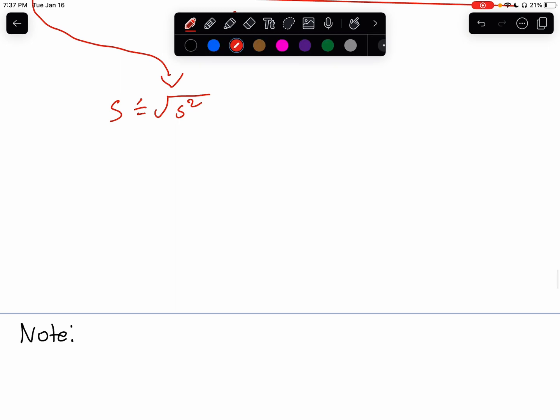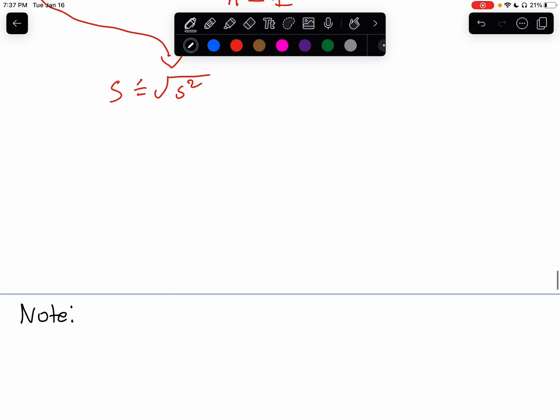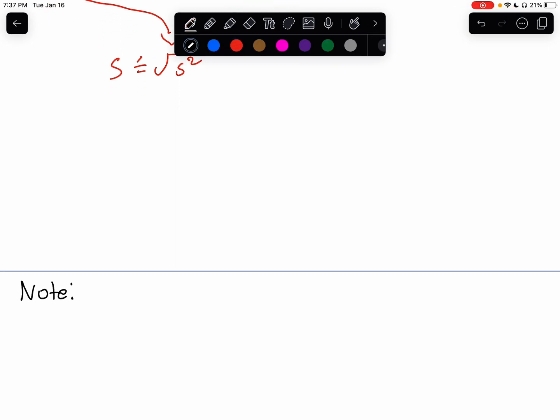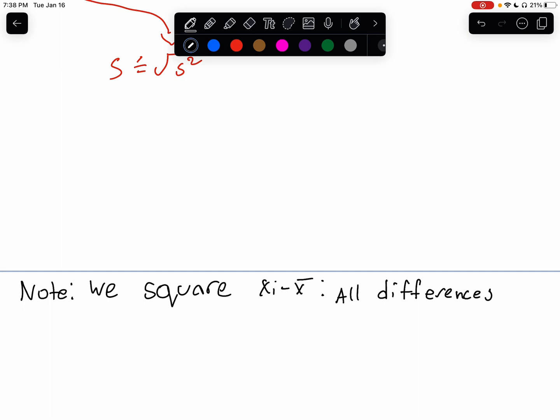Some notes from this, where we conclude, is we square the values of xi minus the mean. This is due to the fact that all the differences must be positive.